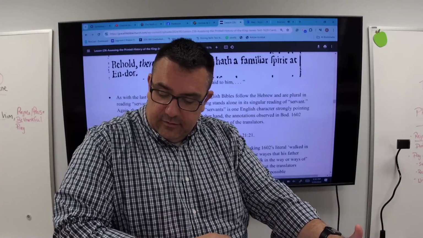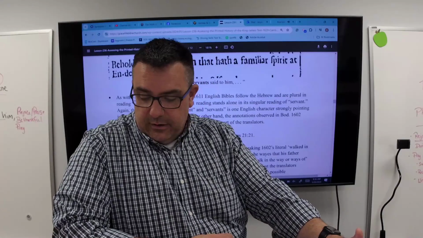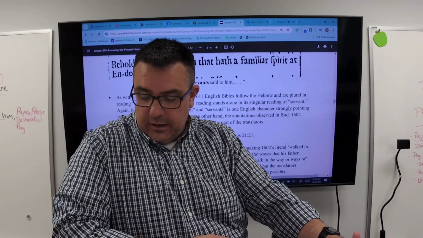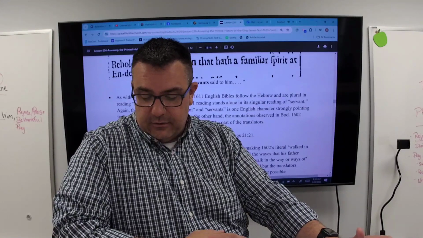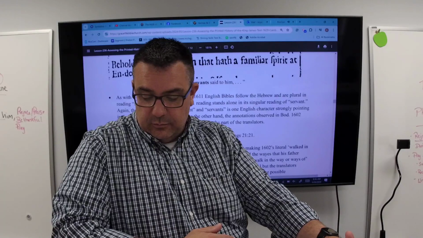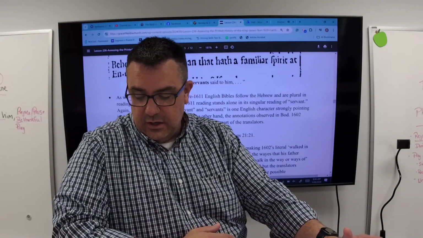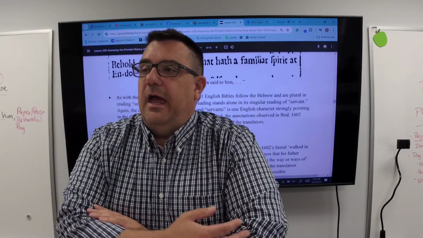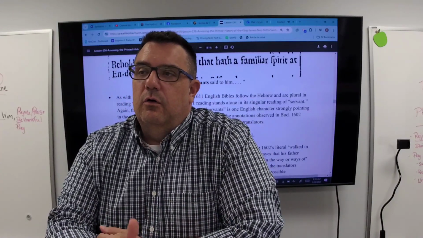Therefore, the 1611 reading stands alone in its singular reading of servant. Again, the difference between servant and servants is one English character strongly pointing in the direction of a printer's error. On the other hand, the annotations in Bod 1602 point in the direction of an intentional change on the part of the translators. So again, can we know for sure?